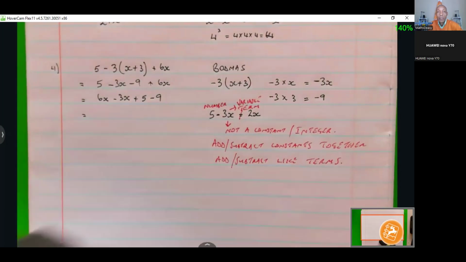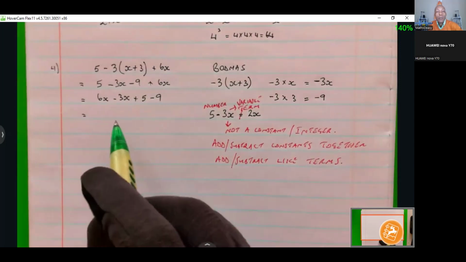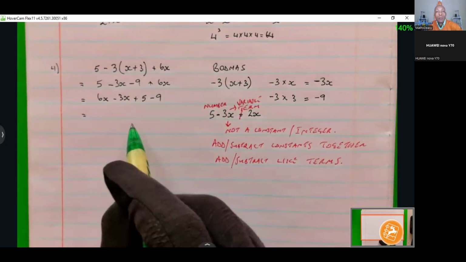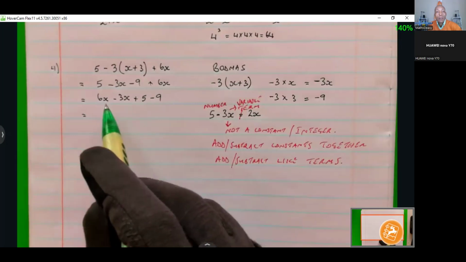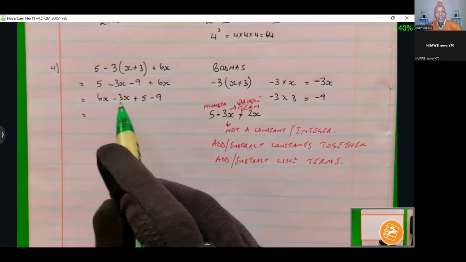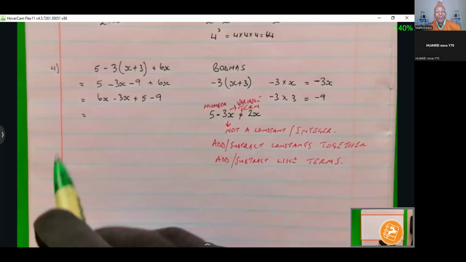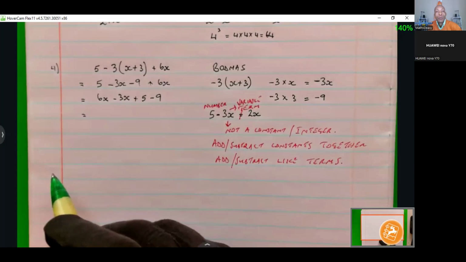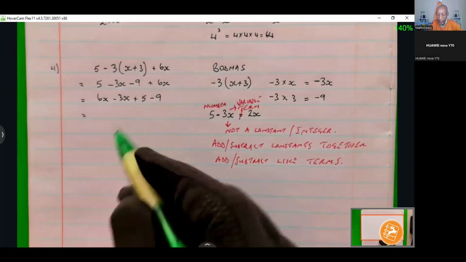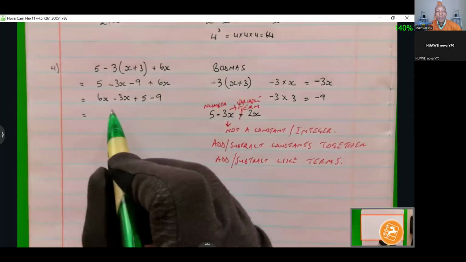Then what will be this next step now? Calculate all of them. Can I say 6 minus 3 plus 5 minus 9? No. Okay, what must I do? 6x minus 3x. Right, and then what does that give us?